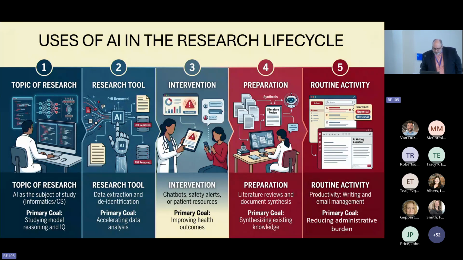So that's preparation. And then routine activity are the things that we do day to day as researchers, but everybody else does them too. So what are we doing? We're writing and managing emails, reducing administrative burden. Recently, we just passed April 15th, tax time.